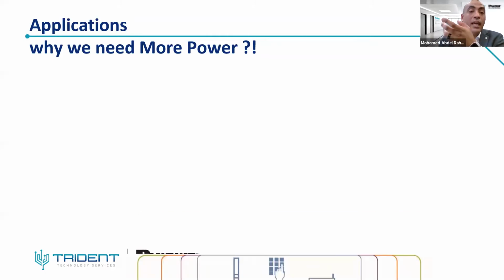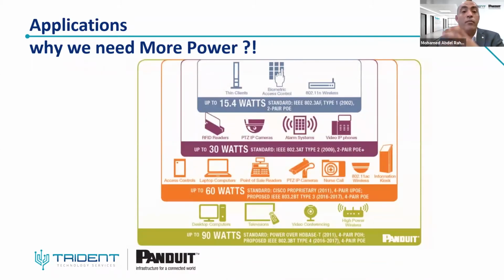As you can see here, starting from 2003, the IEEE published the new standard to transmit around 15.4 watts to support devices like voice over IP, biometric access, static surveillance camera. But in 2009, the IEEE published the new standard.